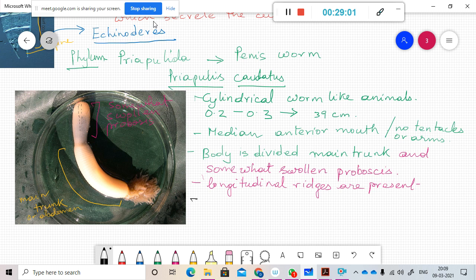Body is ringed. You can see these rings. Body is ringed and often has circles of spines. Small spines are present over the body. If you see carefully, you will see small spines present.